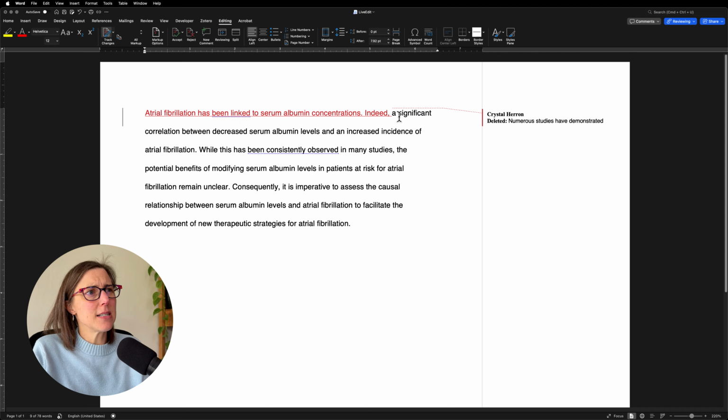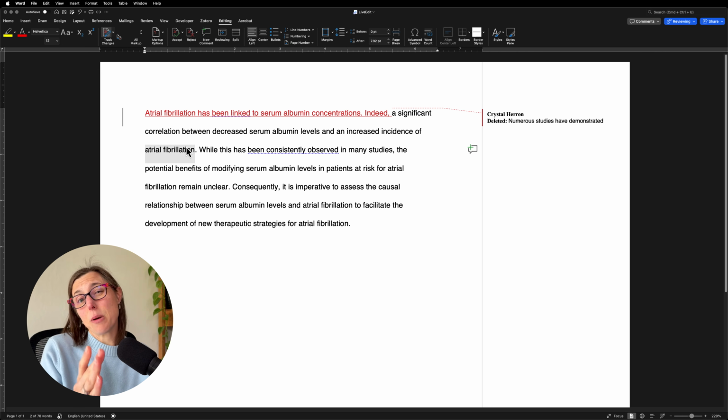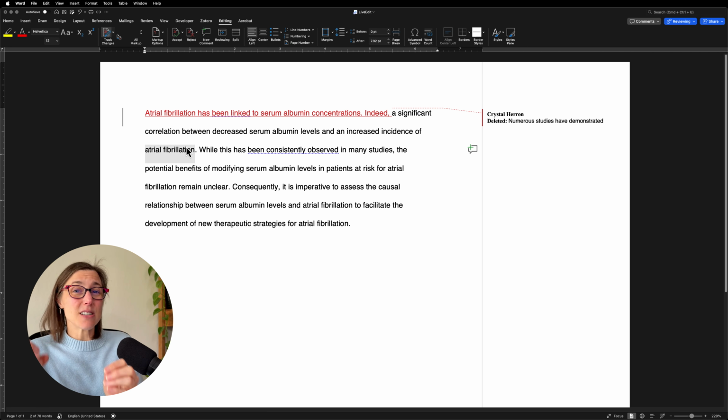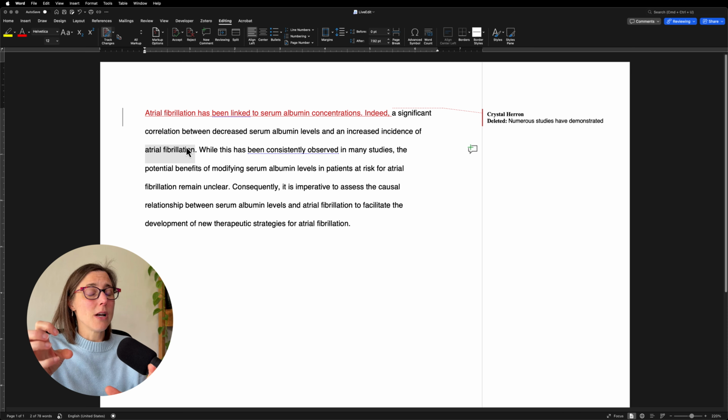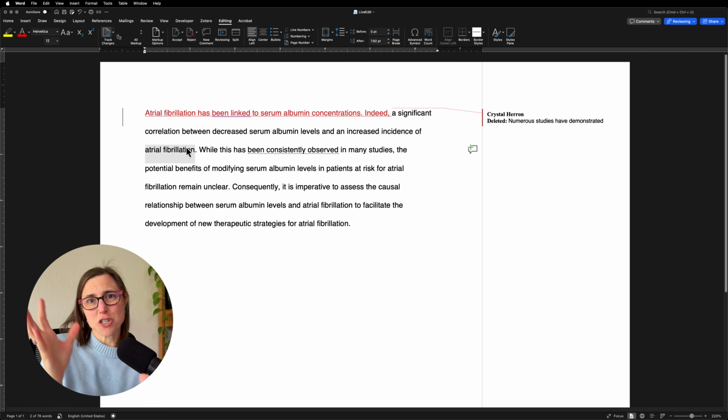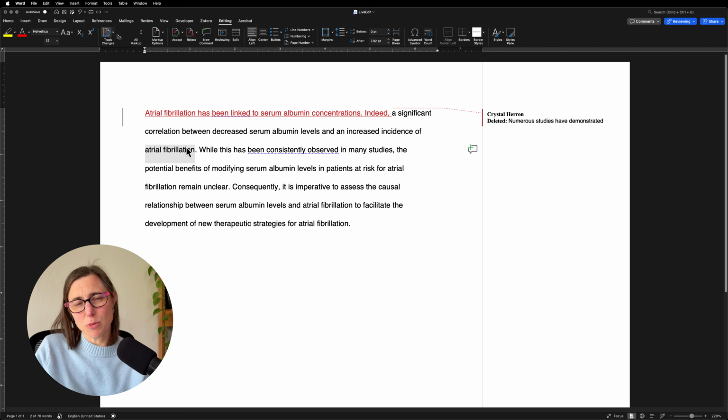In this sentence, we have the order of serum albumin and then atrial fibrillation. So I'm actually going to flip it, and that way both sentences go in the same order. That is going to create some parallelism in the topics. It's also going to go broad and then narrow. Atrial fibrillation is kind of bigger picture. Serum albumin is like a smaller piece. And so that is what I'm going to do here.